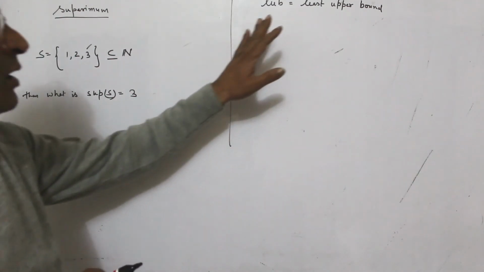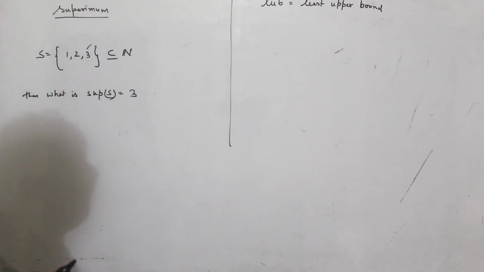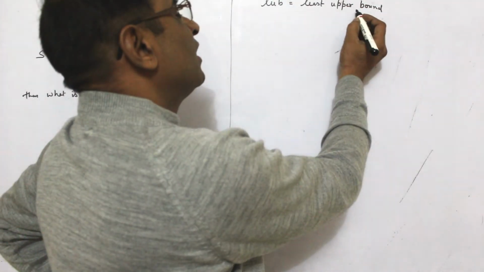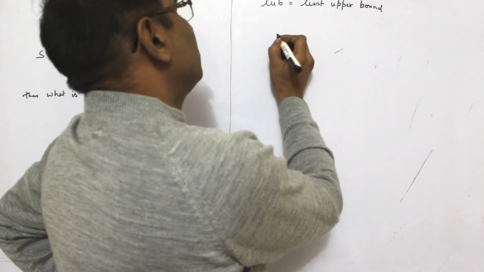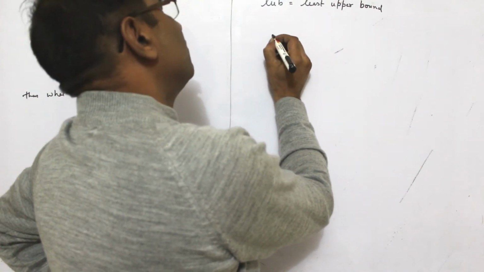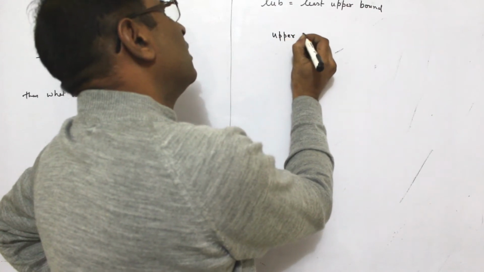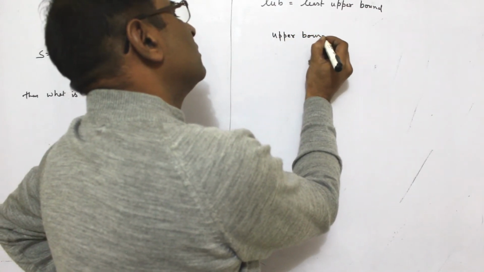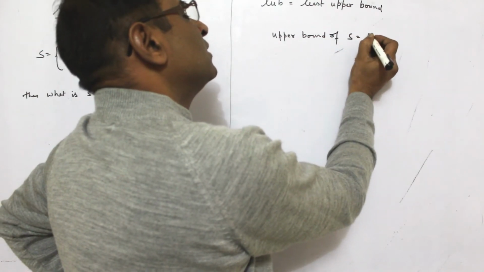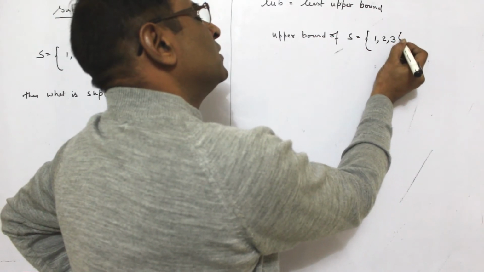Now with the same example we understand the least upper bound. First we need the upper bound. I ask you, what is the upper bound of S, where S is 1, 2, 3?